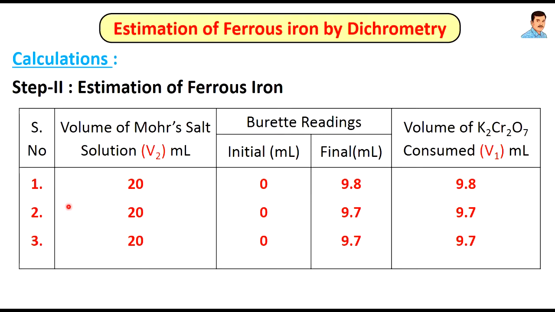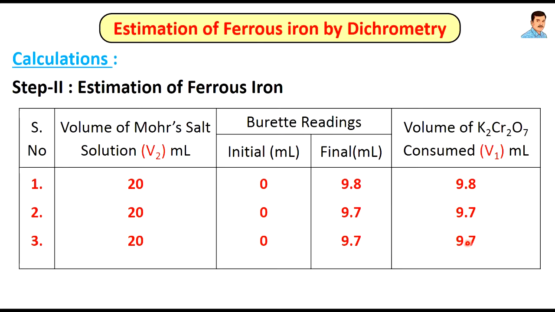For the second reading, 20 ml of Mohr salt solution is taken. Initial reading is 0. Final burette reading is 9.7. So potassium dichromate consumed will be 9.7. As we have not got the same values for the first and second, we performed the third one also: 20 ml of Mohr salt solution, initial reading 0, final reading 9.7, and volume of potassium dichromate consumed will be 9.7.